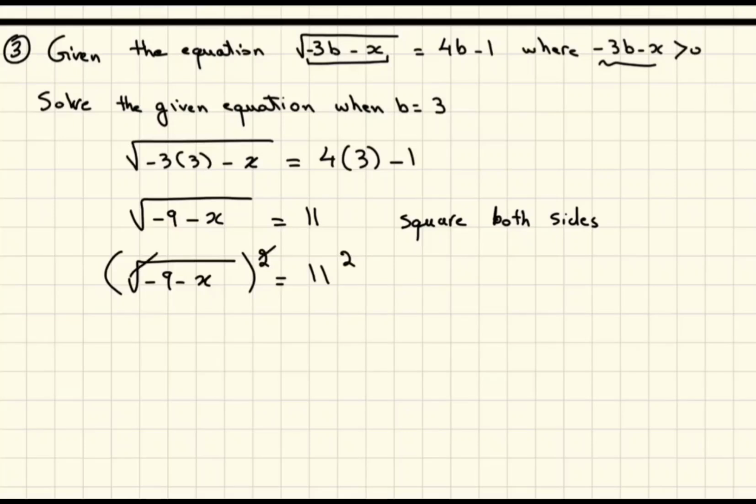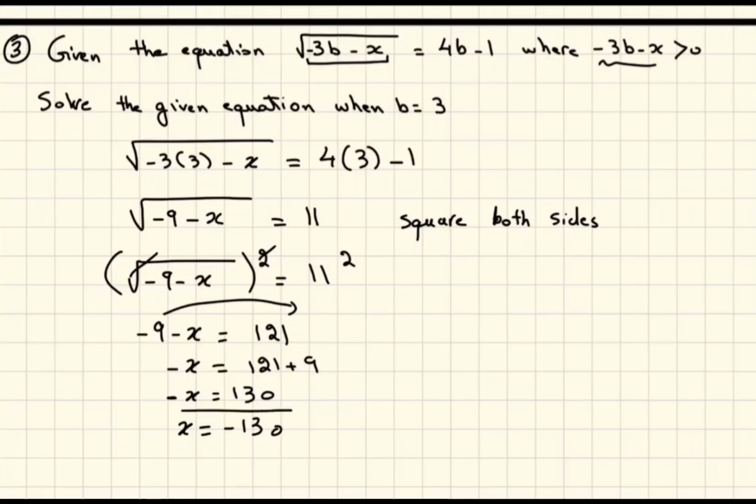The square with the radical will cancel out, and we get minus 9 minus x equals 121. We move the minus 9 to the other side, it becomes plus. So minus x equals 130. Then x will be negative 130.